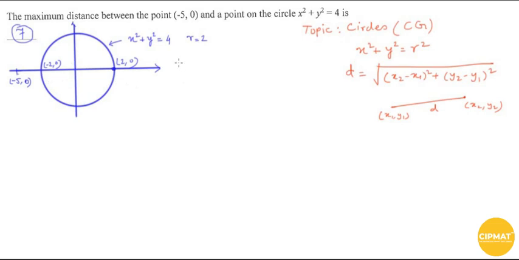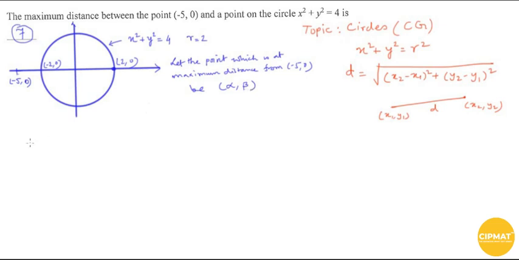Okay, so let the required point, which is at maximum distance from (-5, 0), be, let's say, (alpha, beta).